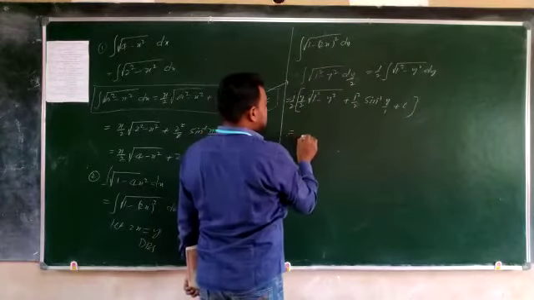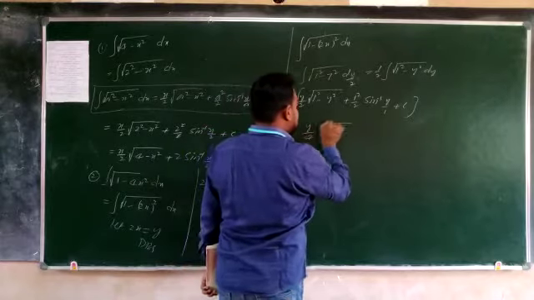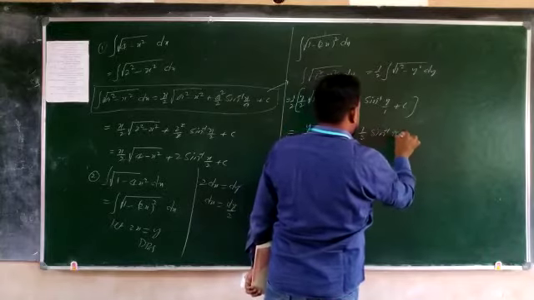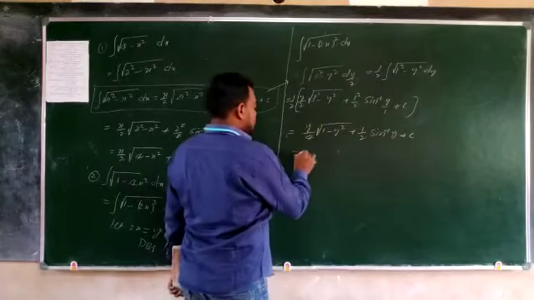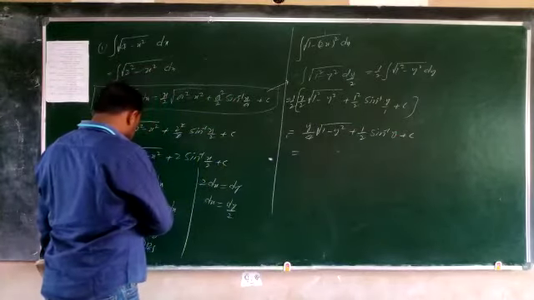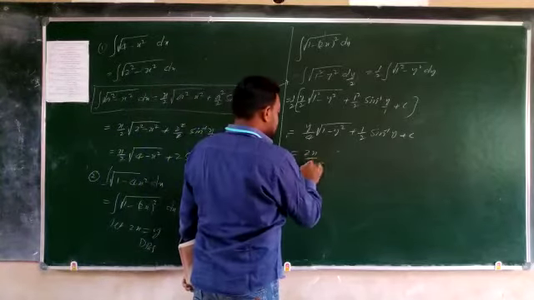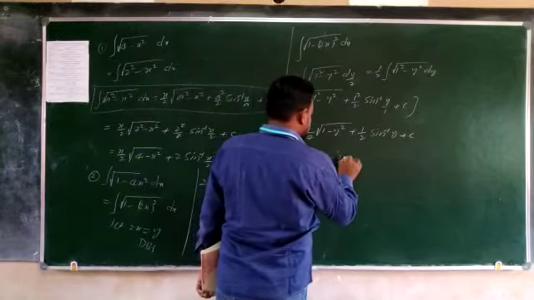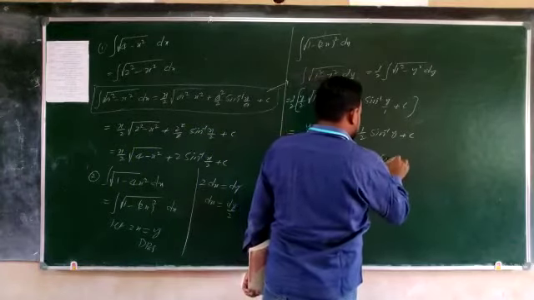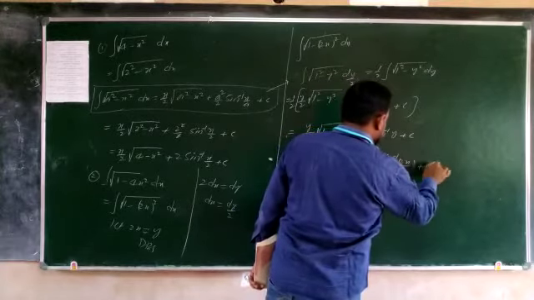So this is equal to y by 4 into square root of 1 minus y square plus 1 by 2 into sine inverse of y plus c. What is y? y is what we assumed, 2x. Substitute it: 2x by 4 into square root of 1 minus 2x whole square plus 1 by 2 into sine inverse of 2x plus c.